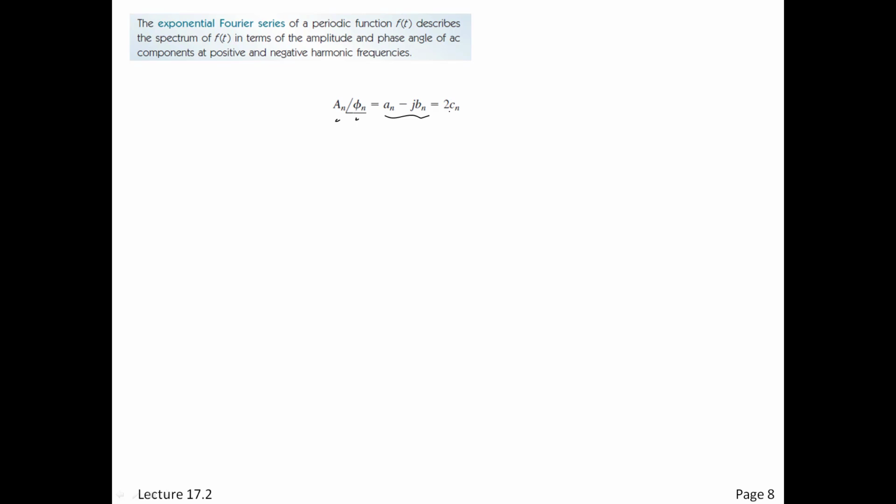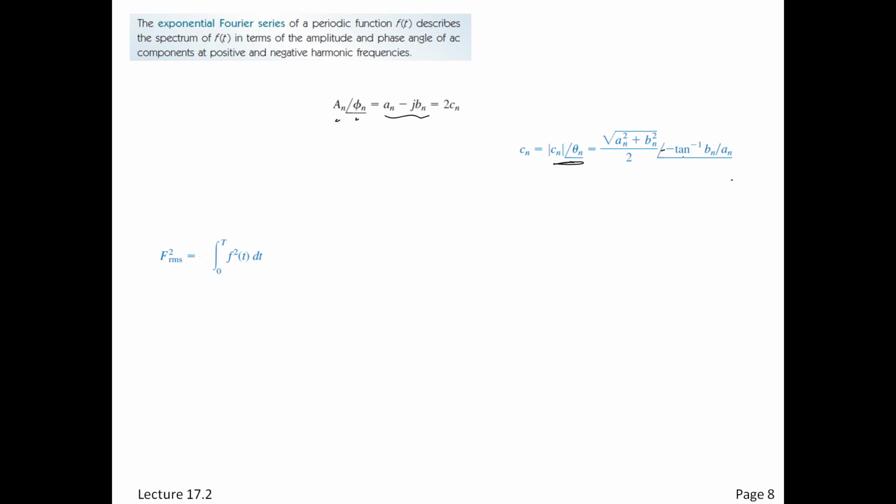Okay, another way of expressing this is to say the magnitude of Cn at the phase angle. So you're kind of splitting it out and going backwards here, right? A squared plus b squared, square root of that over 2. You're just sort of deconstructing the phasor triangle the other way here. Okay.